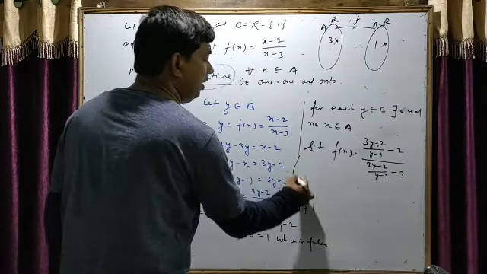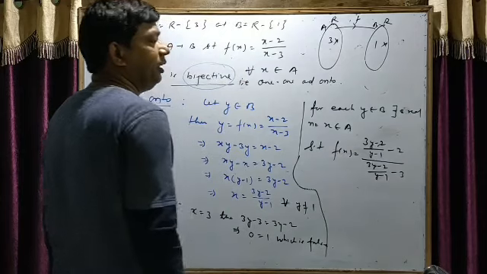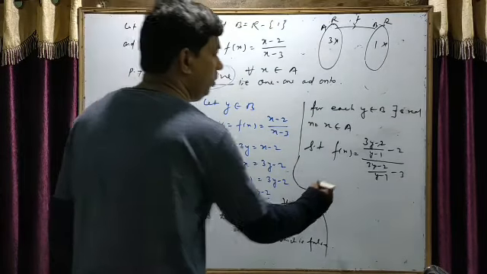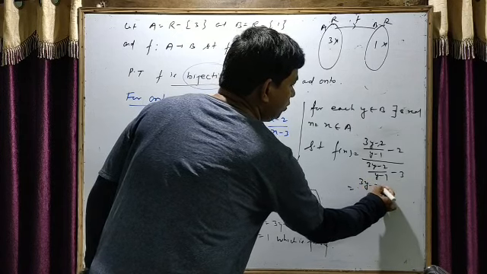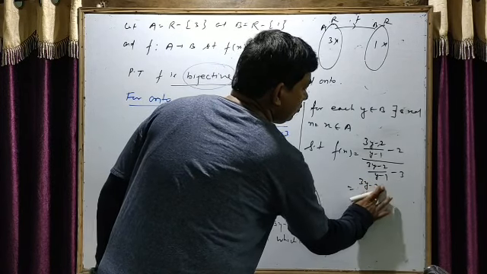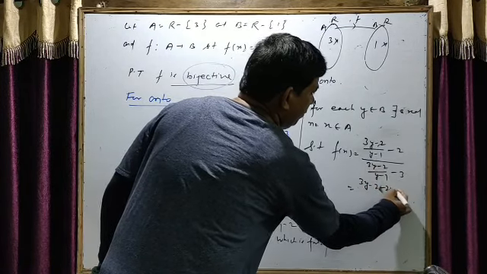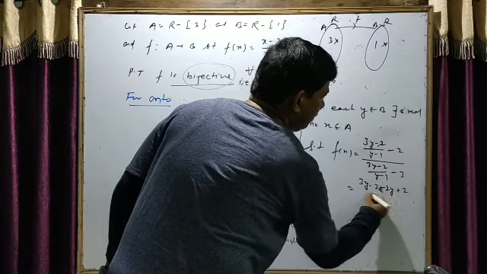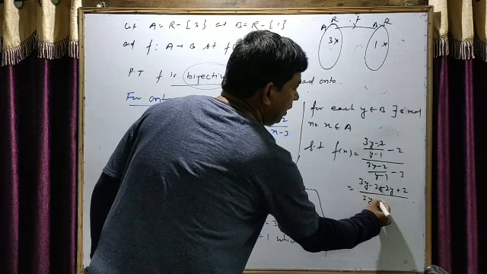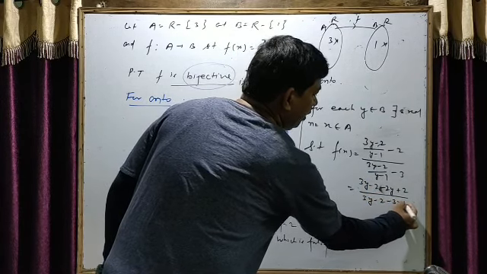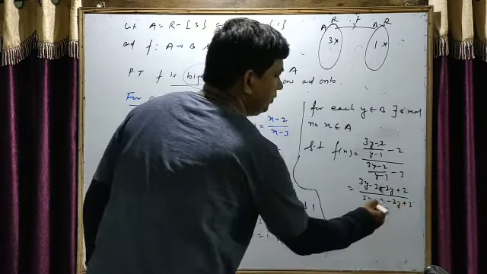Now you solve. If it is coming f of x equal to y, that means your range is equal to codomain. F of this is 3y minus 2 plus minus 2y plus 2 divided by, the LCM will be cancelled. So 3y minus 2 minus 3y plus 3.